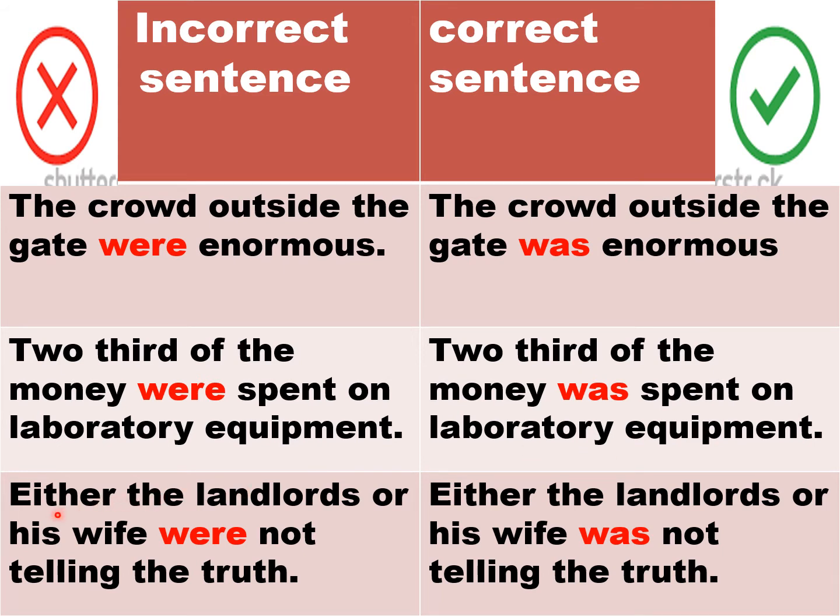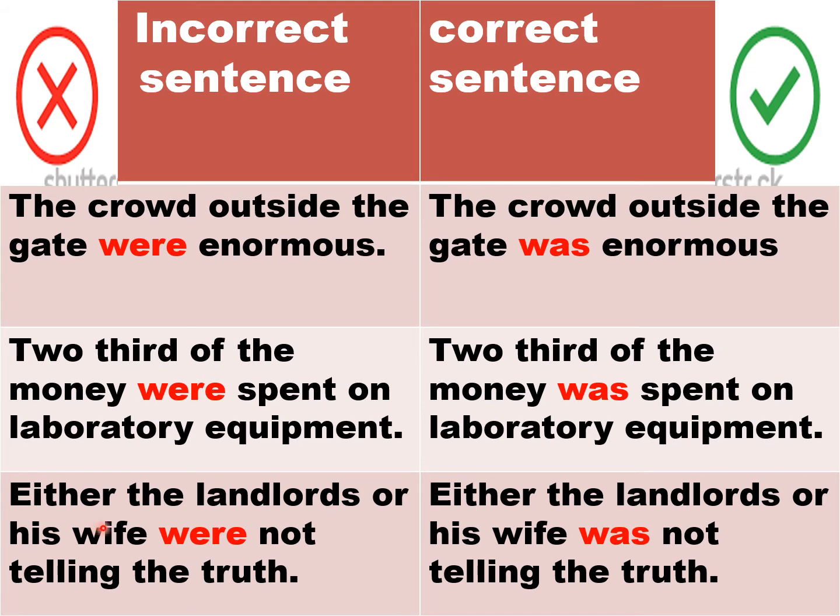Moving on to the next. Either the landlords or his wife were not telling the truth. Here we have either or. So the rule is, if one subject is singular and the other is plural, the words are connected by the words or, nor, neither nor, either or, or not only.